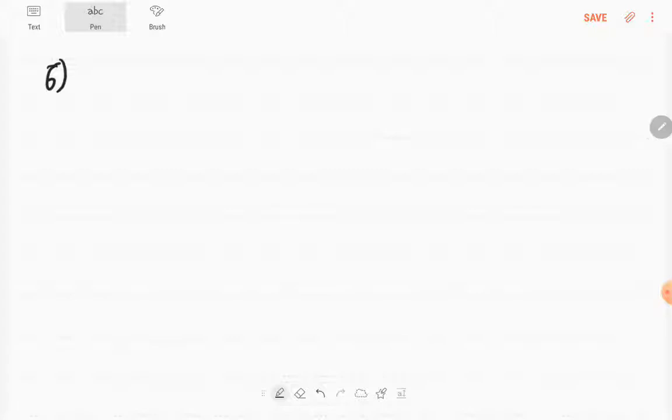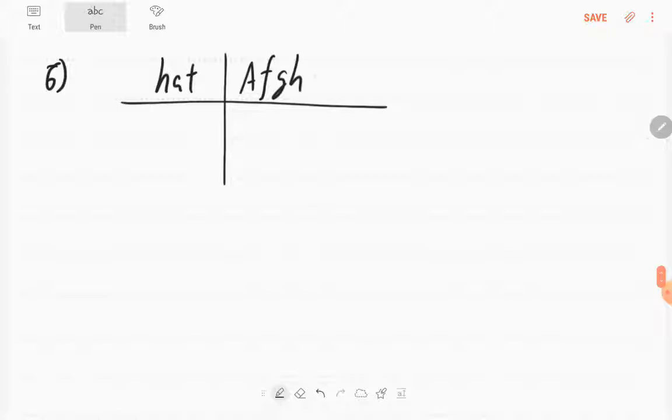Okay, so you need 8 hours to make a hat, and 2 hours to make an Afghan. And the total she only has 16 hours available. Write an inequality to describe this situation.